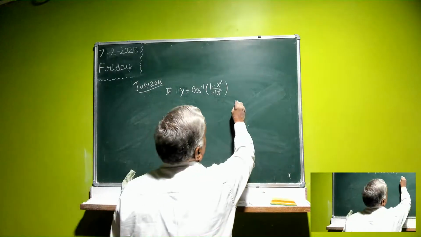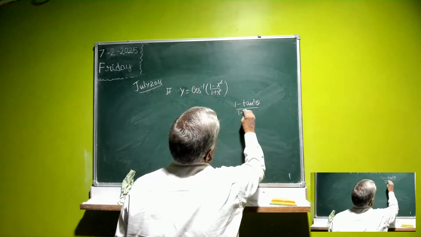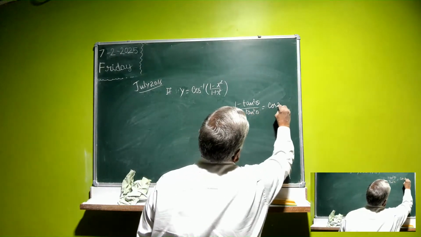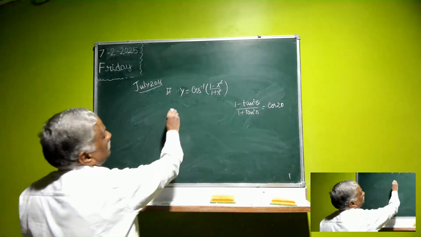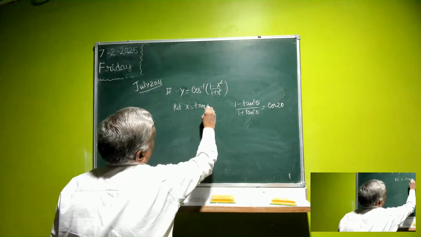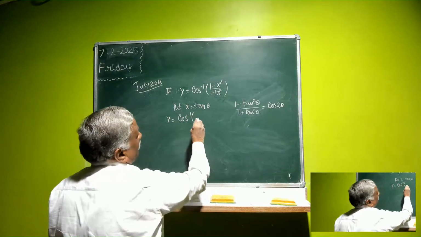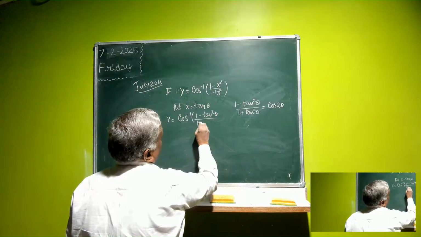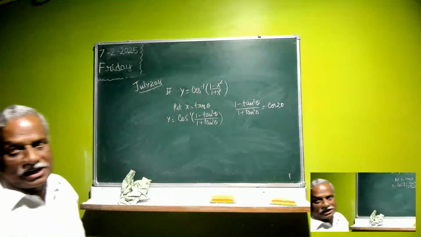The formula you need to remember here is 1 minus tan square theta over 1 plus tan square theta is equal to cos 2 theta. The moment you see this problem, you should realize I have to use this formula. So put x is equal to tan theta.